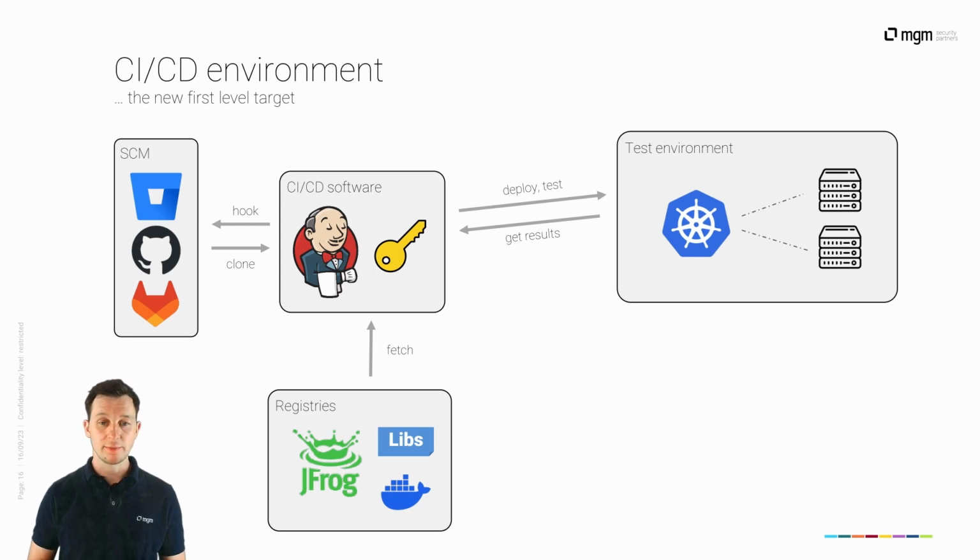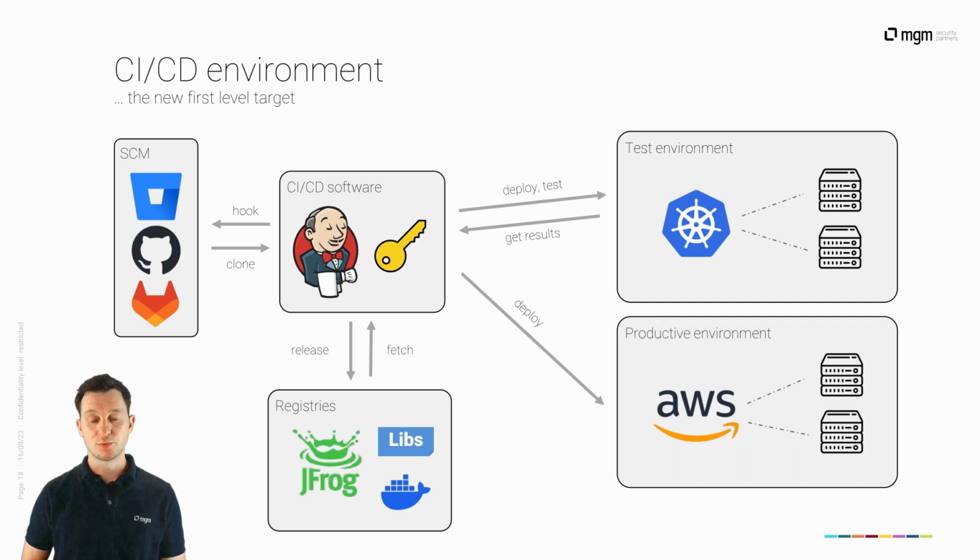So Normal Corp, first of all, sorry, I missed something out here. First of all, when the tests are green, then of course a specific artifact is packed, a Docker container or something like that, and this is released to the local JFrog Artifactory or registry, or maybe also a public registry. And when it is released, now the sentence I wanted to say: in this case here and in many other companies as well, the CI/CD software has the right to deploy the software to the productive environment.